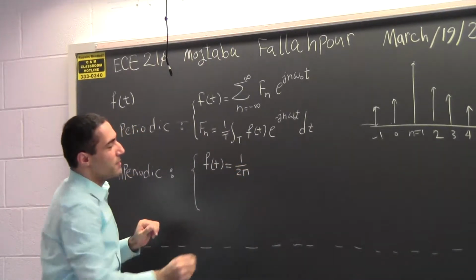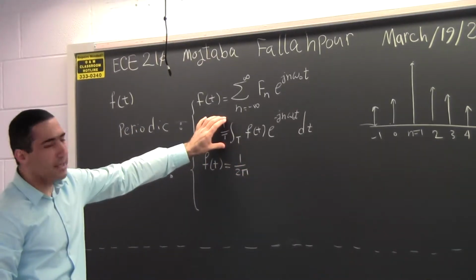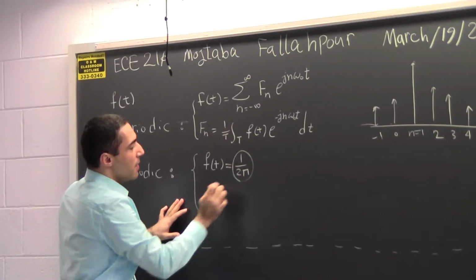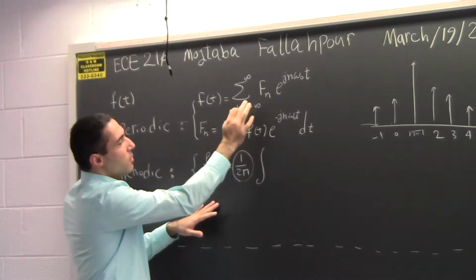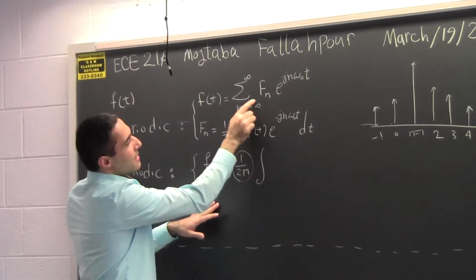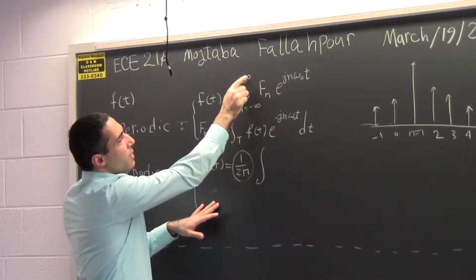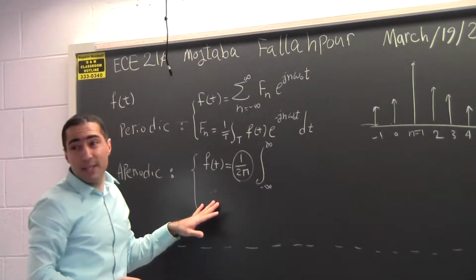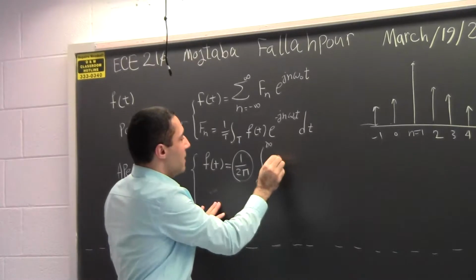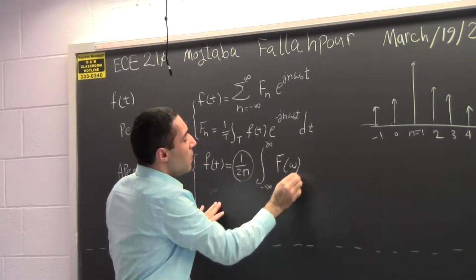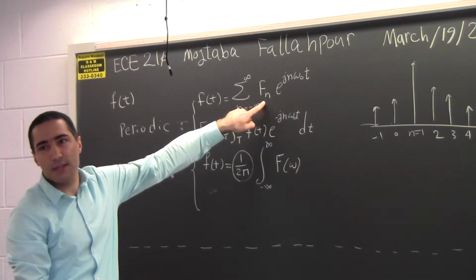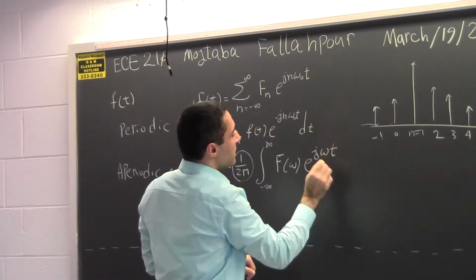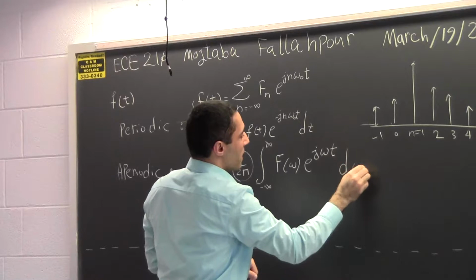It's a little bit different: the 1/T is no longer here, but instead we have 1 over 2 pi. The integral is no longer over one period; as the summation went from minus infinity to infinity, this integral goes from minus infinity to plus infinity, and we have F(omega), which is a continuous version of this discrete series, times e to the j omega t d omega.